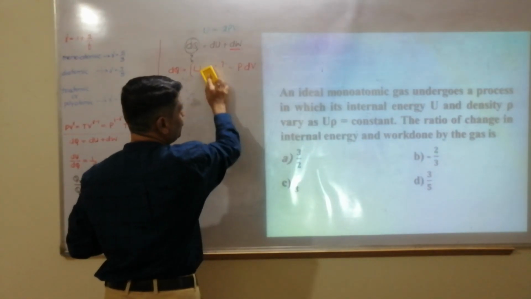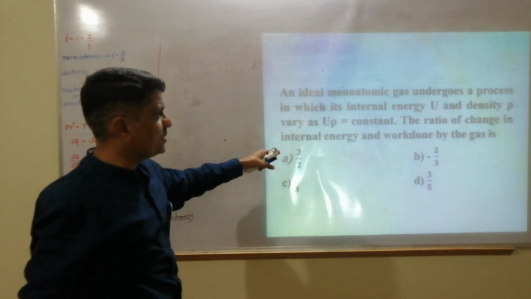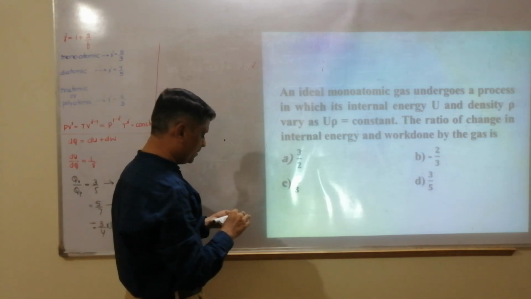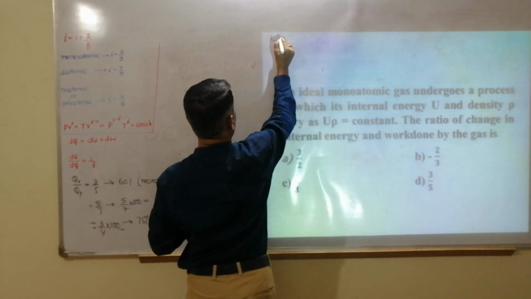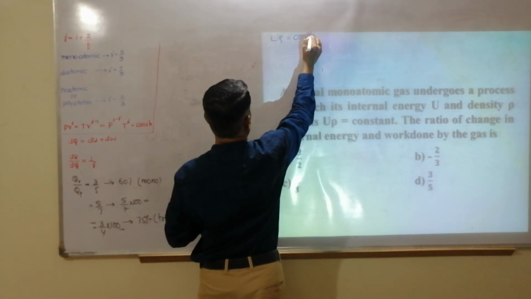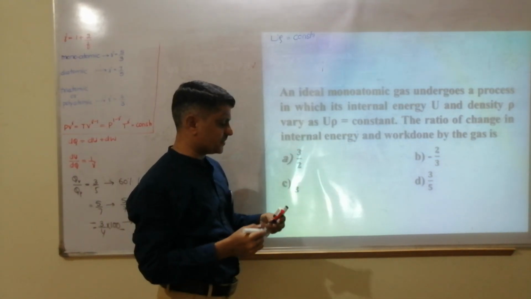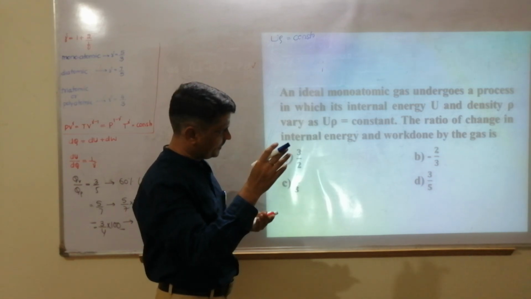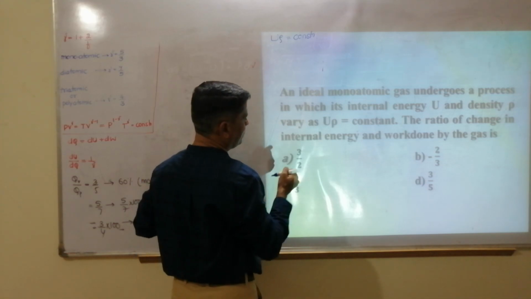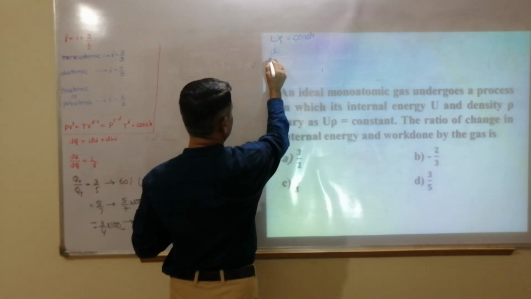An ideal monoatomic gas undergoes a process in which internal energy U and density rho vary such that U times rho, internal energy times density, is constant. The ratio of change in internal energy to the work done by the gas is, okay, see, first of all we want the change in internal energy dU divided by the work done.